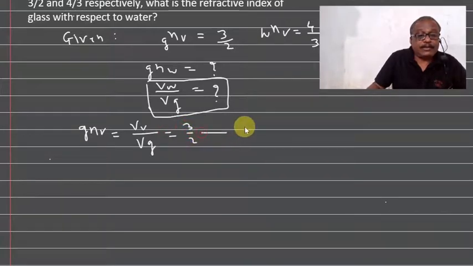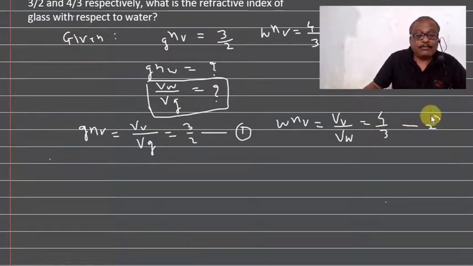Call this equation 1. Now secondly, we have given the absolute refractive index of water, that is W and V, means velocity of light in vacuum upon velocity of light in water, and that is given as 4 by 3. Call this equation 2.